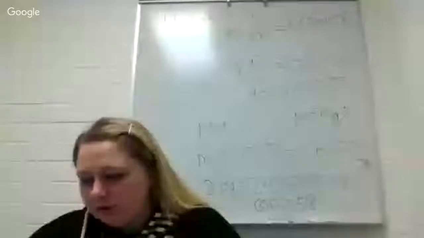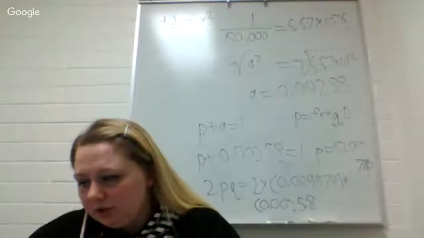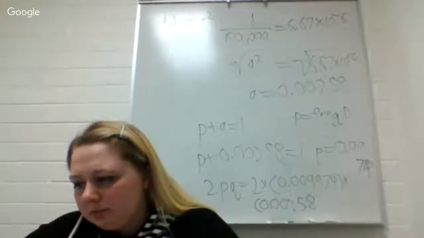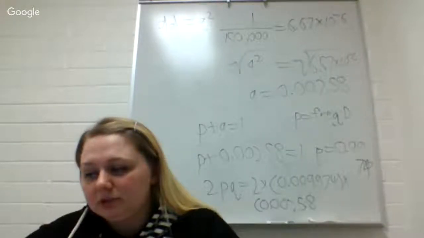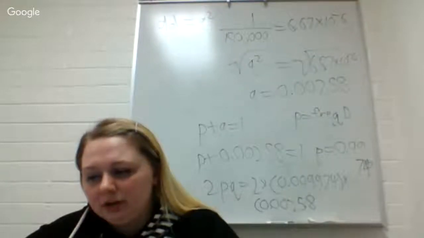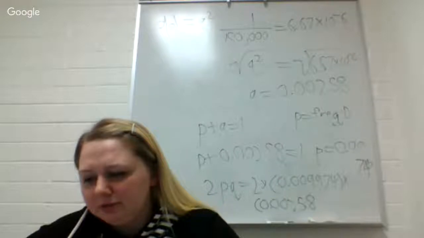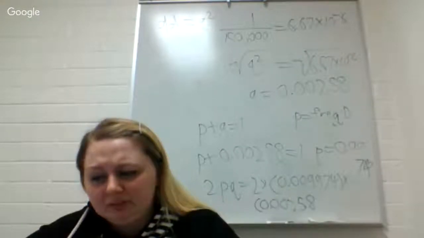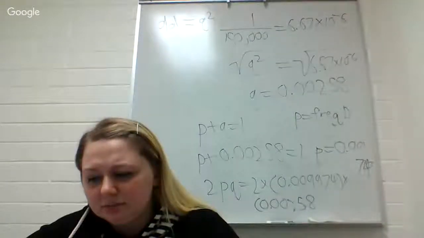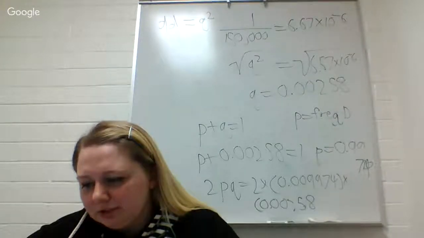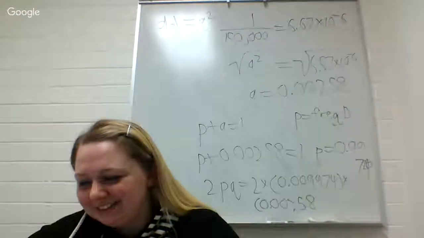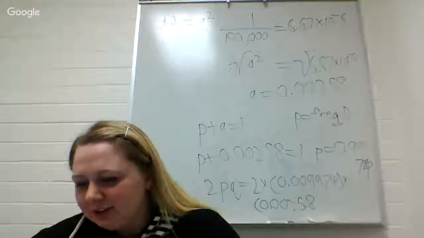For D, we have R. For E, we have P squared, 2PQ, 2PR. For F, we have sickle cell anemia. For G, we have monomorphism. H, we have subpopulations. And then I, we have major histocompatibility complex, or MHC. So that is our fill in the blank.